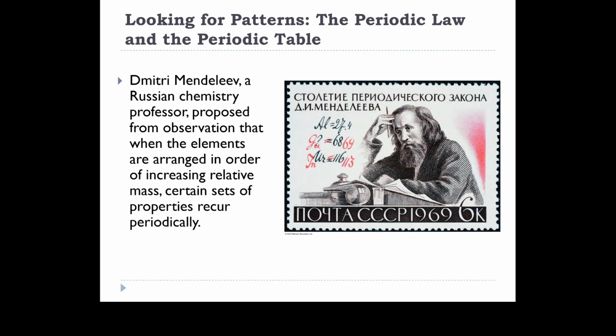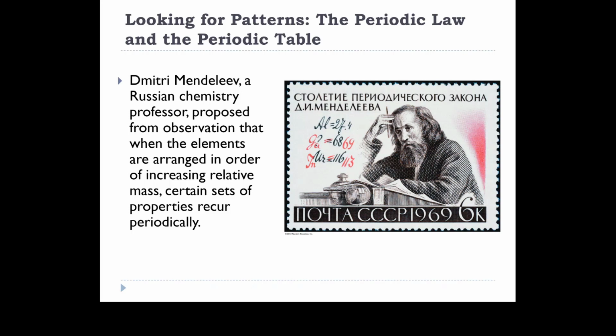This guy, Mendeleev, he just observed all the known elements at his time, which was a while ago, and he started laying them out in order, and he just created a table. He just laid them out in order of increasing mass. Here's the first thing I know. Here's the next thing I know. Here's the next thing I know.